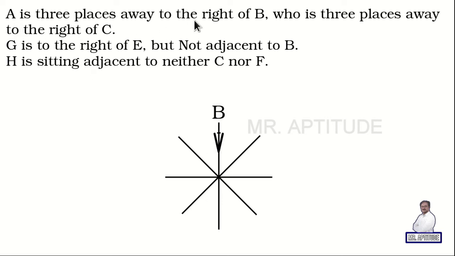As A is 3 places away to the right of B, A should sit third to the right of B. 3 places away to the right of B is same as third to the right of B. So as it's B, what will be the right of B? This is the direction. So A should sit third to the right of B. There should be exactly 2 members sitting between A and B. So as it's B, it's A.